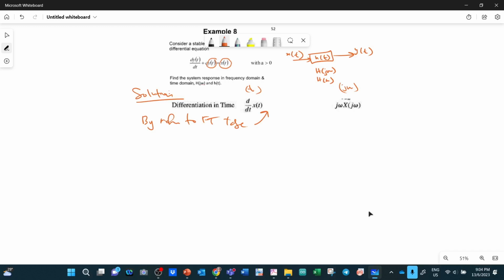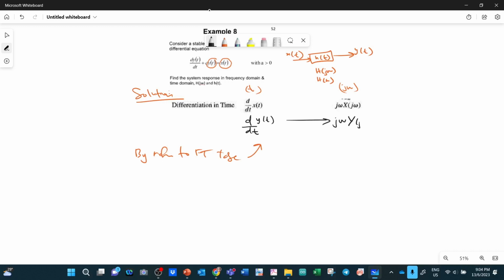It's the same thing. Let me rewrite the equation again, since you have here dy(t)/dt. So what is it in the frequency domain? You have j omega Y(j omega).